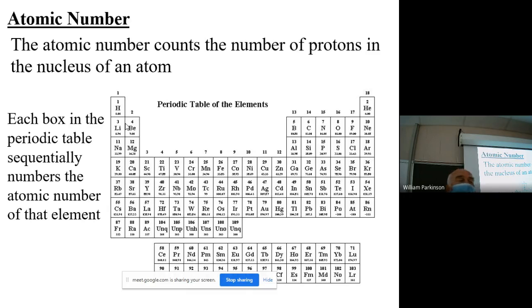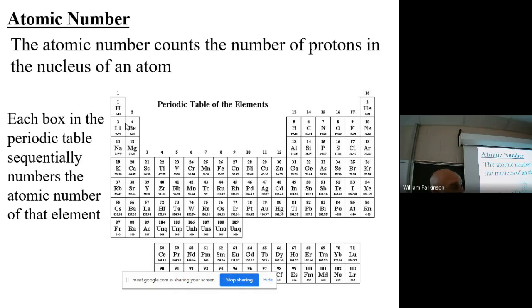There is a limit to how many positive charges you can pack into the nucleus. What happens is as you try to get too many in there, the nucleus becomes unstable, and it's no longer an element that has permanent ability to hold together.